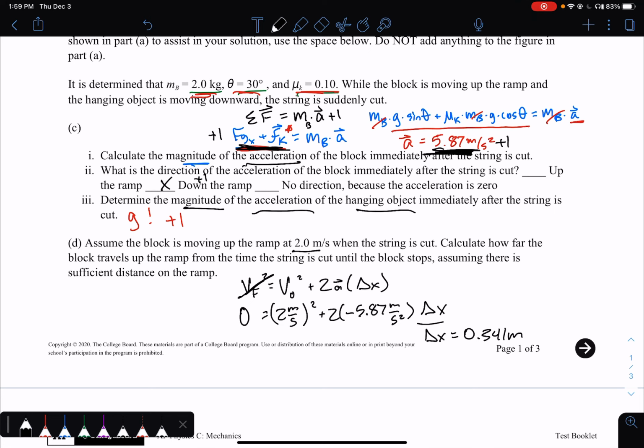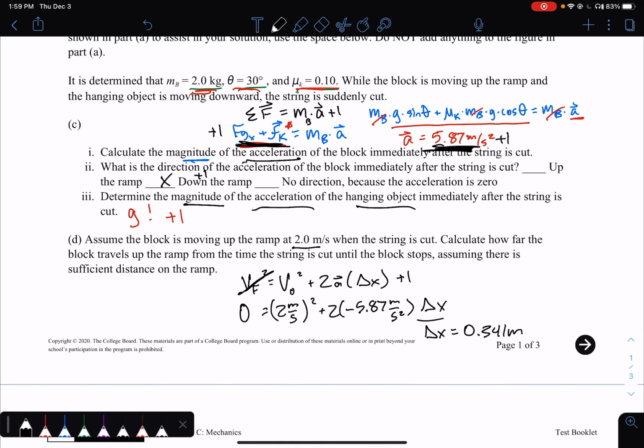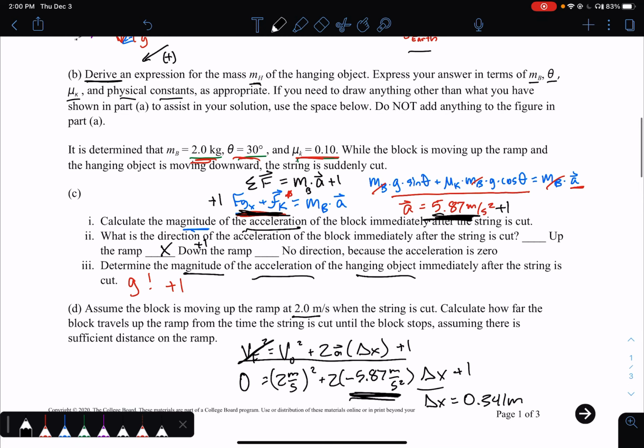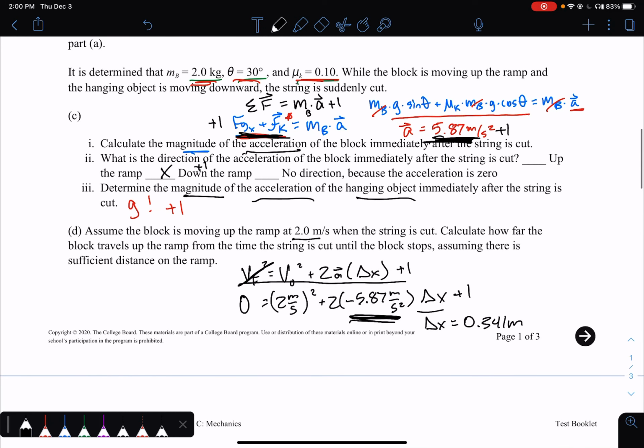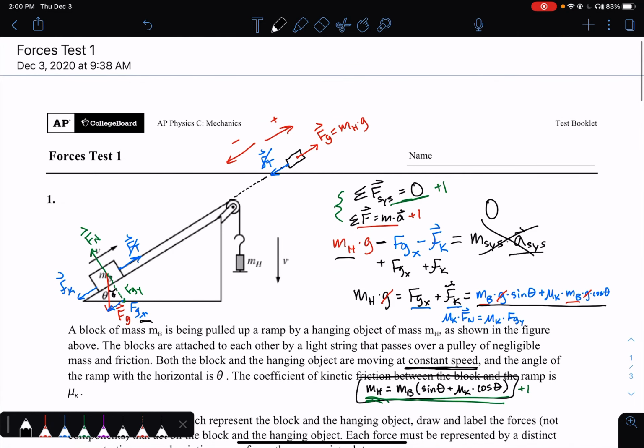So the point breakdown for that: if you had the correct kinematic equation to use, and then you substituted in your acceleration that you got from part C, and then you got the correct answer. So 3 points altogether. So that is the walkthrough for the hanging mass free response.